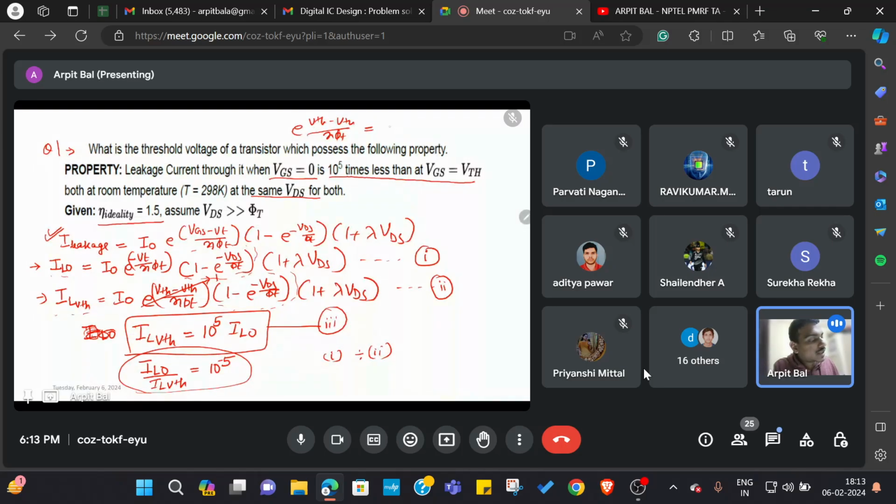VTH minus VTH will cancel out, so it will be e to the power 0, that is equal to 1. Okay, and the rest of the terms will get cancelled when I divide both the equations, because VDS is same for both the cases.